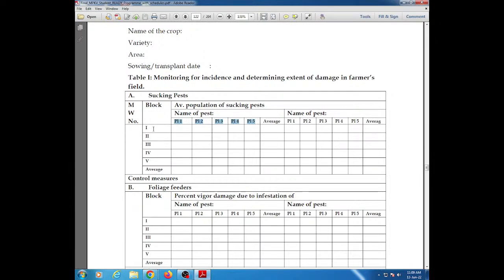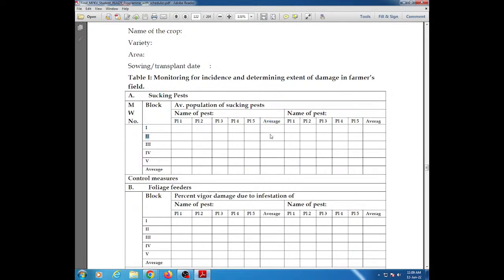The average of the first block should be written in the average row of the first block. Whatever readings or observations you have taken for plant number 1 to 5, you have to sum them up and divide by the number of plants to get the average for block number 1.